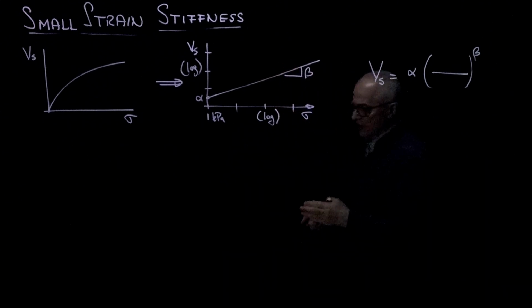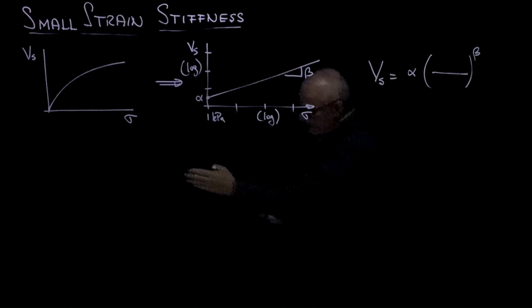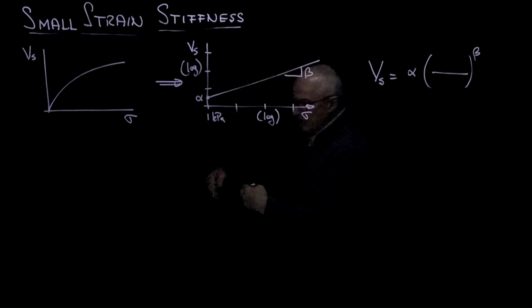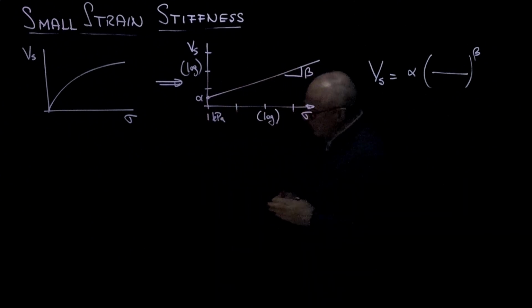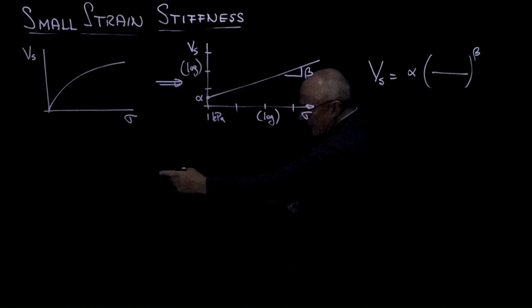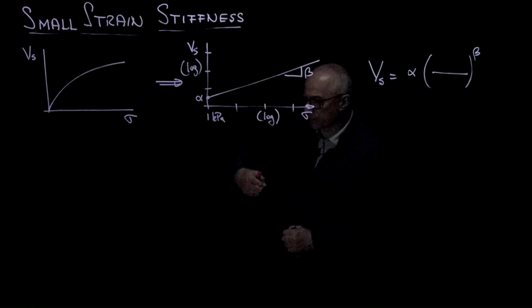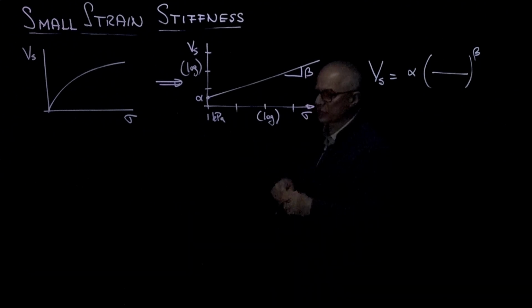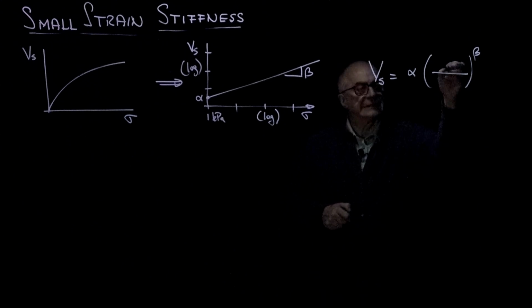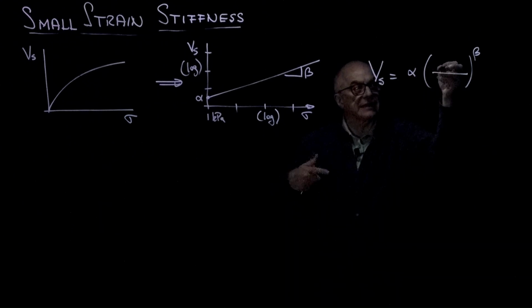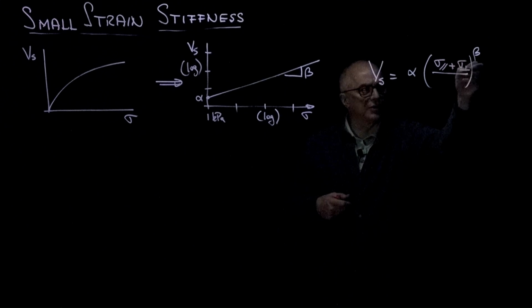When the shear wave propagates, let's say, in the x direction, but is shearing the material in the y direction, both the stress in the direction of propagation and the stress in the direction of polarization affect the shear wave velocity. There have been many attempts to figure this out. I'm going to put a reference there with Cascante, but let's say that this is the direction of travel, and this is the direction of polarization.